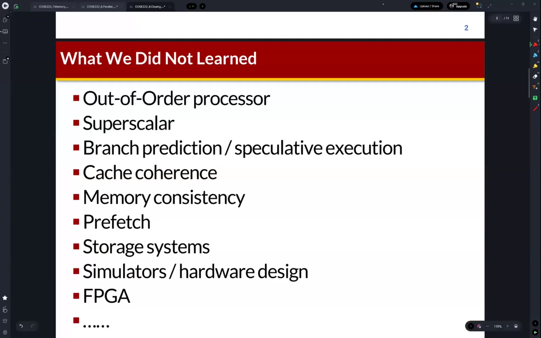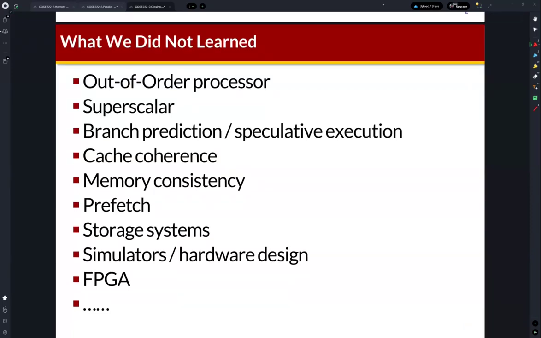We did not learn about out-of-order processors, superscalar, branch prediction, speculative execution, cache coherence, memory consistency, persistent storage systems, FPGA, and so on. In this course, we learned the very basic knowledge of computer architecture.